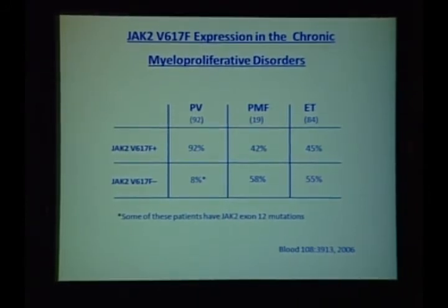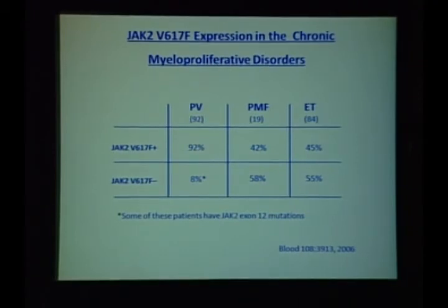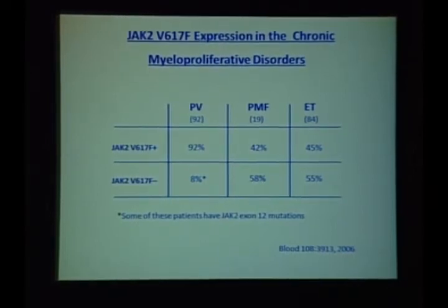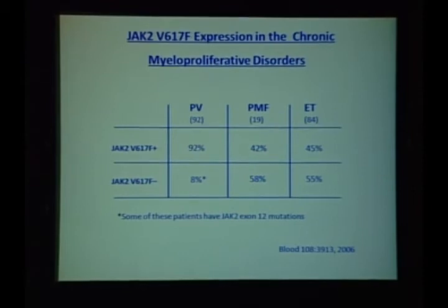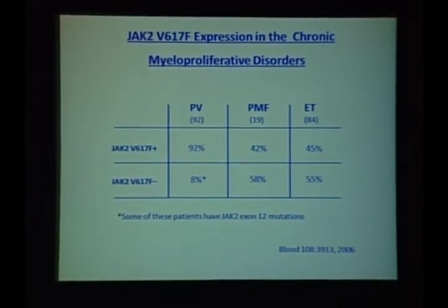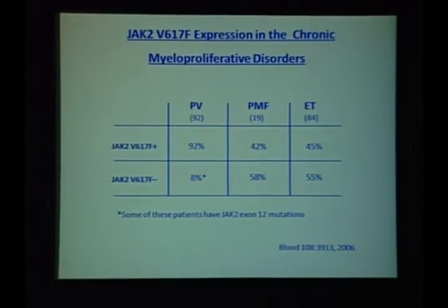And what you see here are the percentage of patients who had the Jak2 V617F mutation in PV, PMF, and ET. And you can see that in PV, 92% of the patients, well, actually, if you add the exon 12 mutation, you're going to come up with 98% or so of the patients had a Jak2 mutation. But the other 2 diseases didn't have the Jak2 mutation in all cases. So what's the story there?